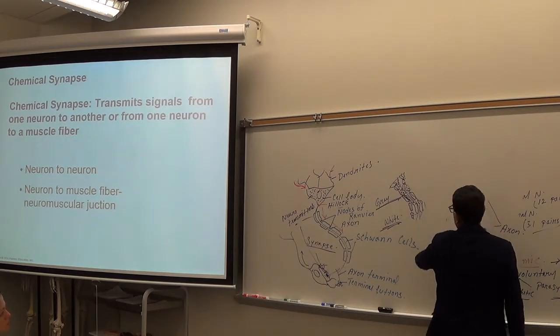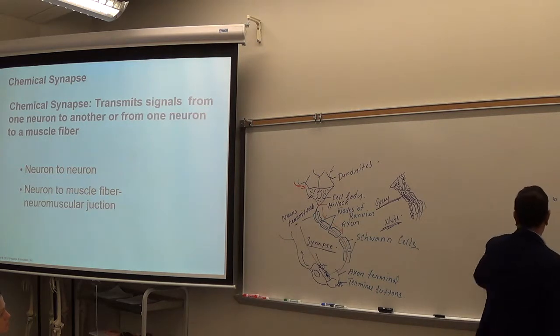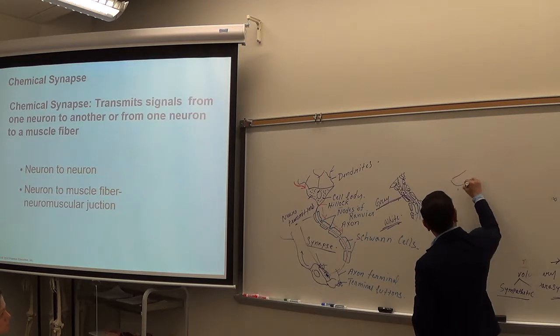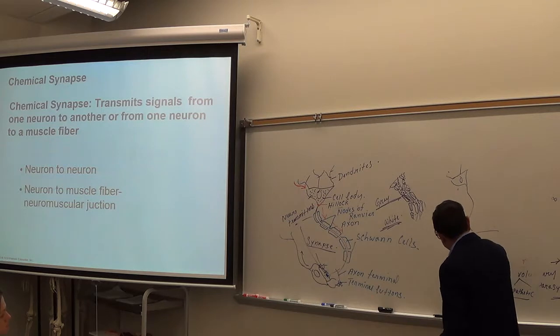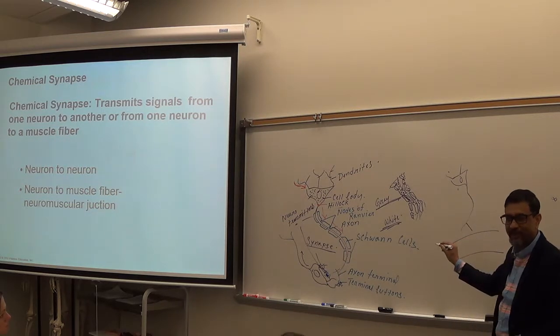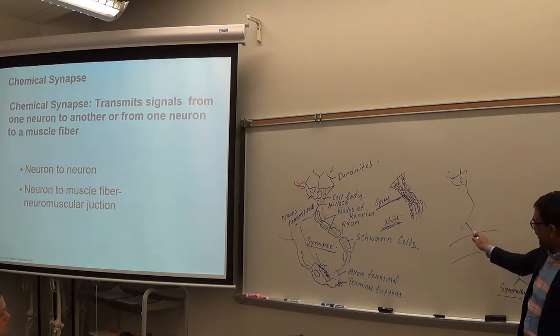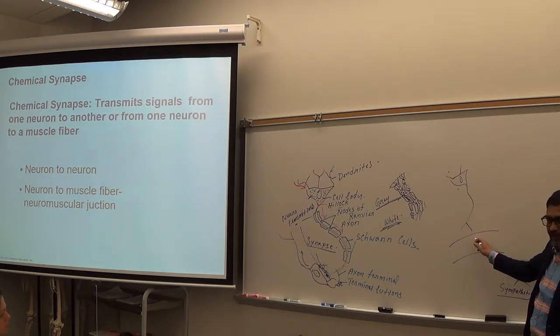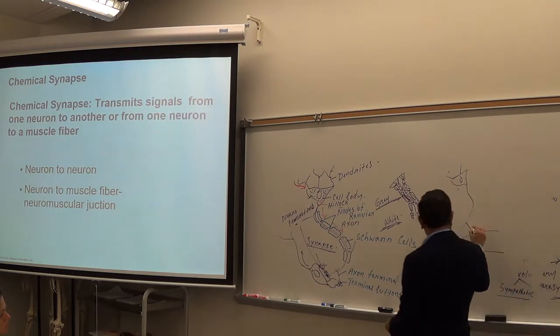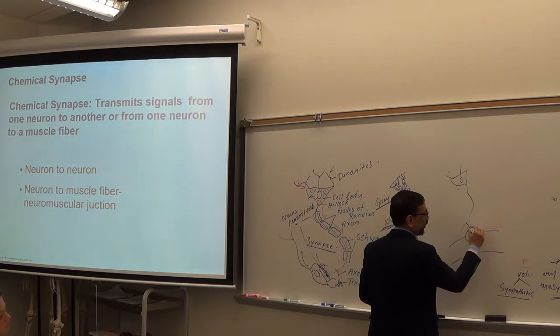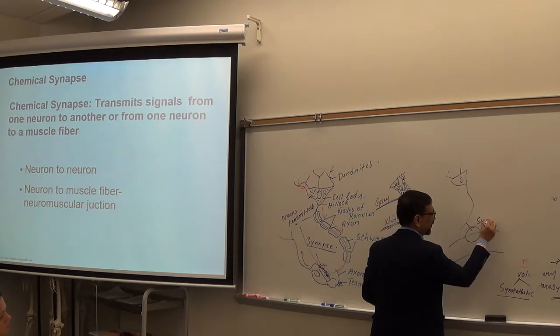You already know, you remember last class, I told you, this is the neuron, axon terminal, and this is the muscle fiber, neuromuscular junction, remember that? Neuromuscular junction. So, axon ends on the muscle fiber. So, this is a synapse that you learned in last class. So, between neuron and muscle, neuromuscular junction. This is a synapse.